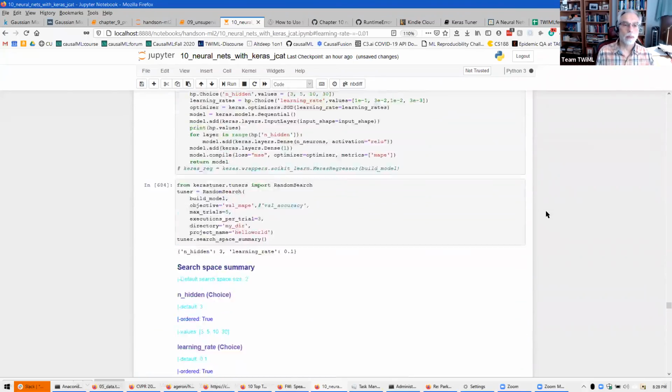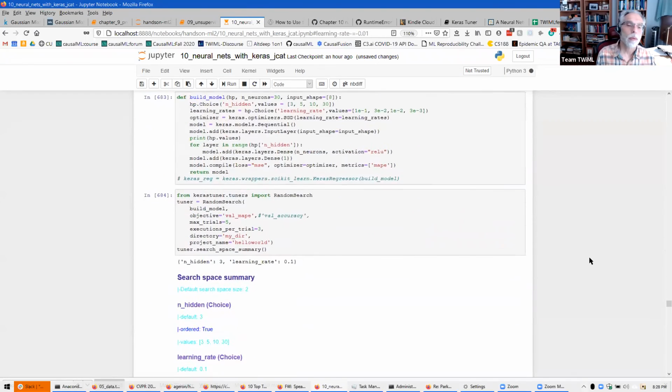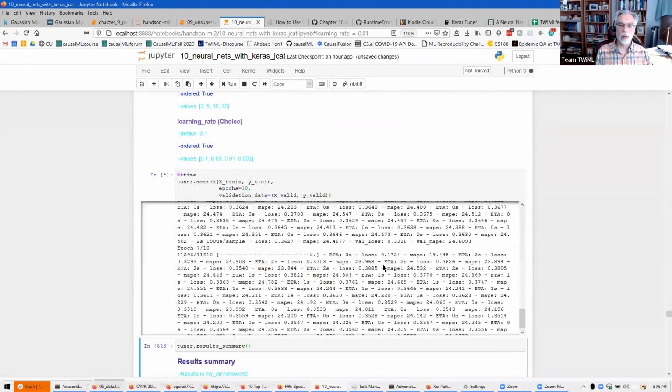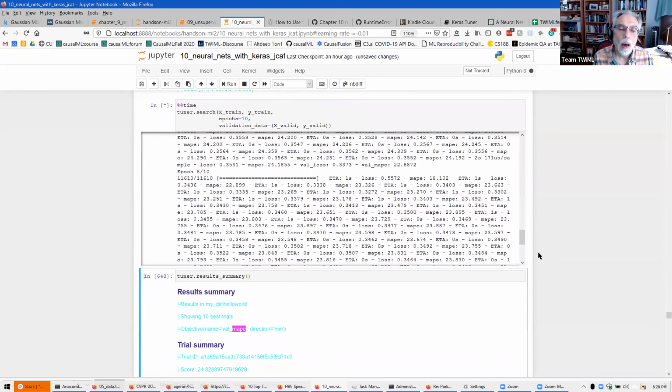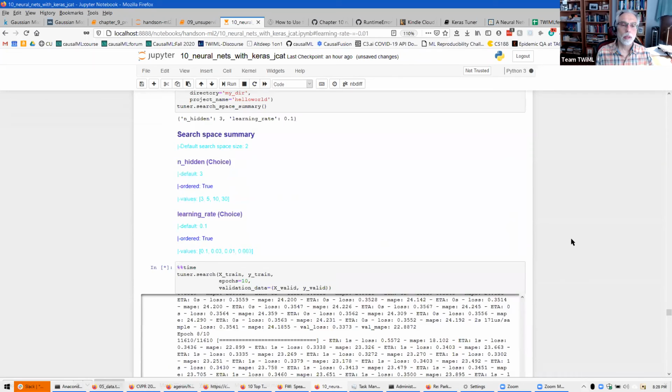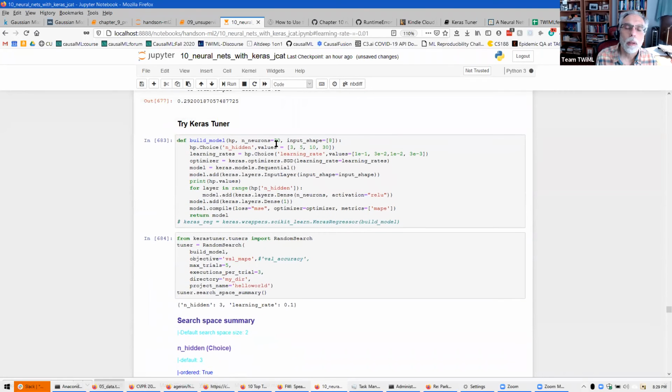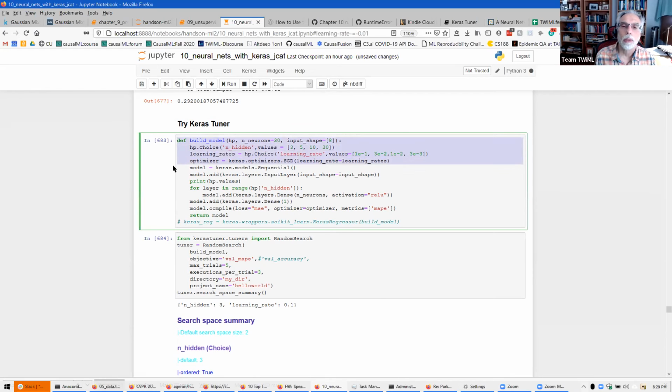It's running Keras Tuner for doing the hyperparameter optimization, and it's using the more enlightened ranges that we gave it this time, because with hindsight, we know that these are better ranges for the hidden values and for the learning rate.